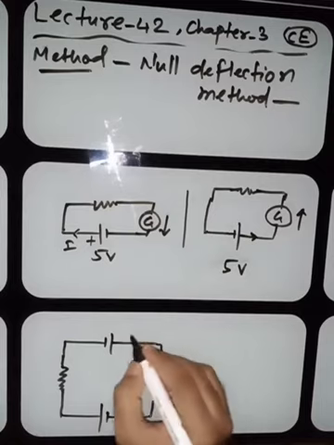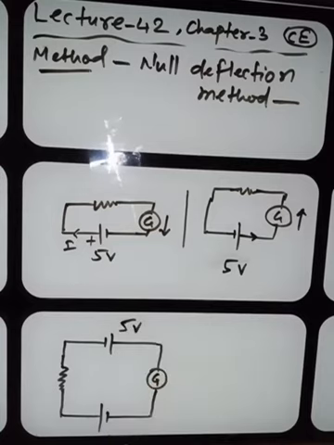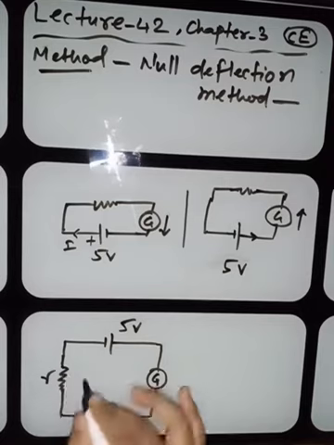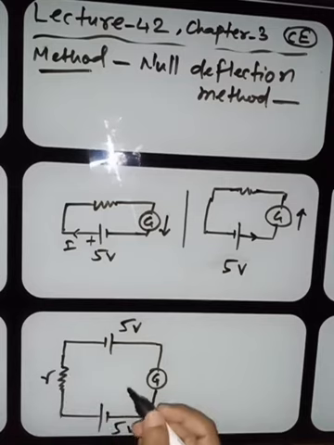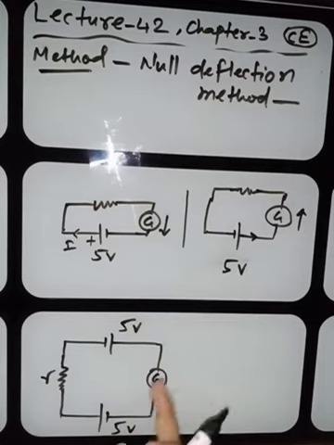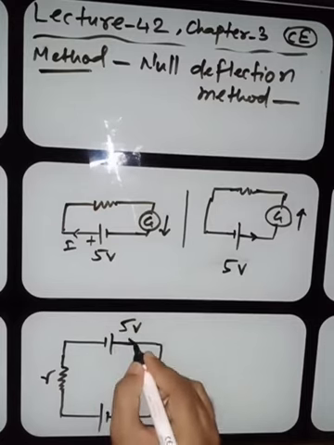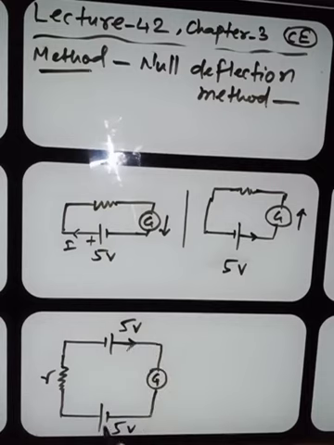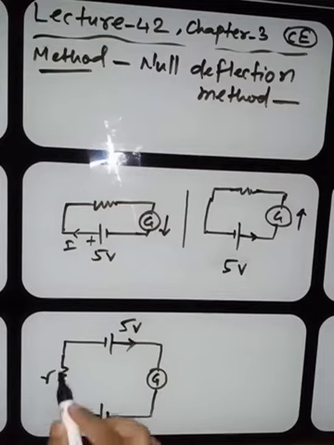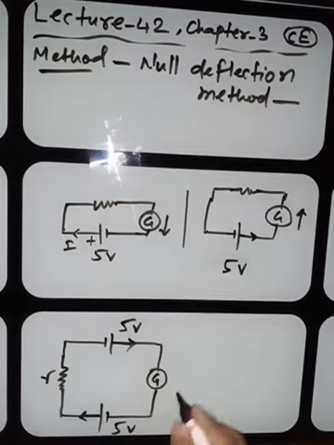Will this galvanometer show deflection if this is 5 volt and this is also 5 volt, whatever may be the resistance? The answer is yes, it will show deflection. How, sir? This will try to drive the current in this way, and this will try to drive the current in the same way. You can see both currents are in the same direction, so the galvanometer will give the deflection.